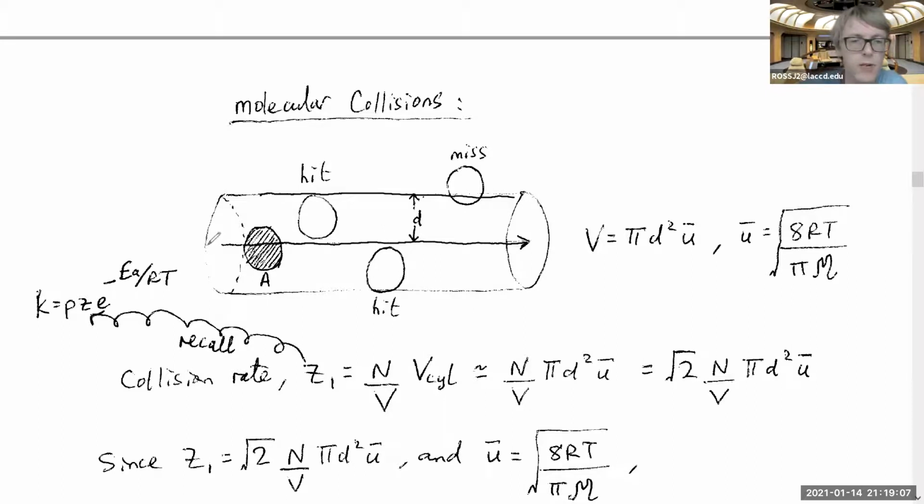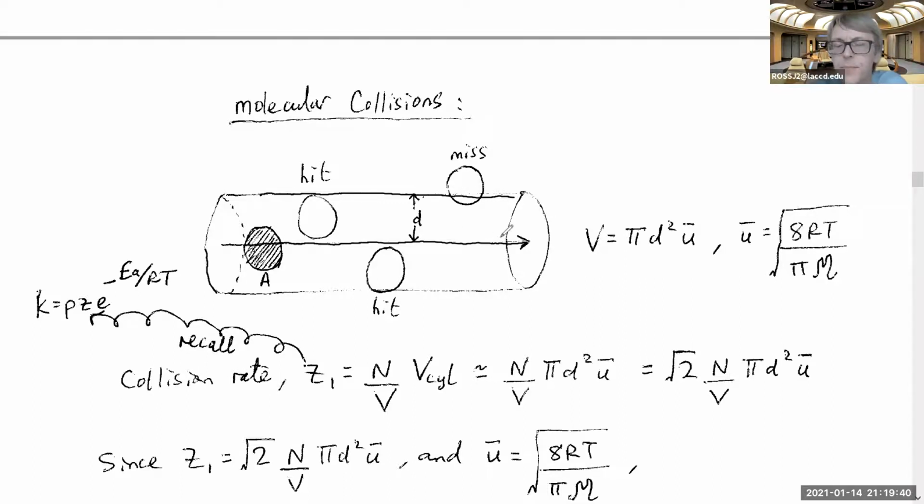As it moves, it's going to scoop out a volume, and it's going to be in the presence of other molecules, right? It's in the gas phase. So if it's on a collision course this way, it could hit this molecule. It might hit this one, but it might miss this molecule if it's not in its direct line of path.